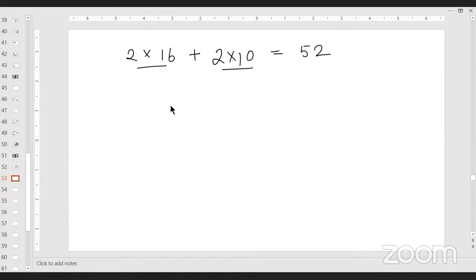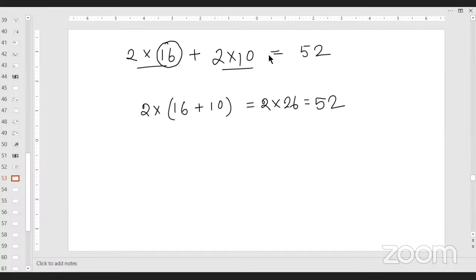Now, what about this? If we write 16 plus 16 added with 10 multiplied by 2, what will the answer be? 2 into 26, and it is also 52. That means we have 16 in 52 two times, and we have 10 in 52 two times.